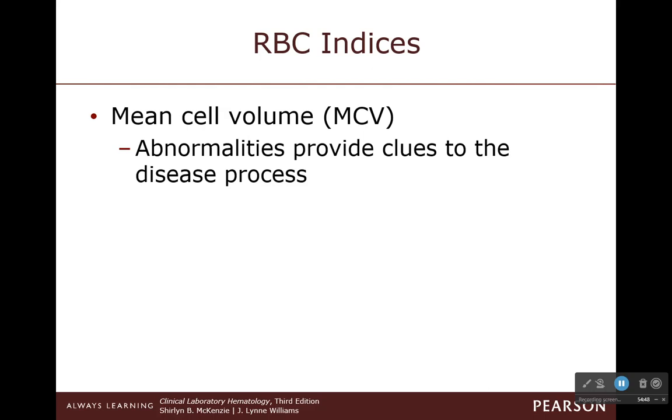Their MCV is usually around 110, even up to 115 or 120, depending on the cells. We've got a whole chapter on microcytic anemias and macrocytic anemias, so don't go into panic mode. But I'm telling you they're important. This MCV is a very important index on our CBC to look at.